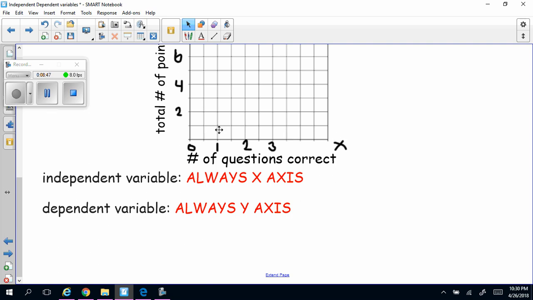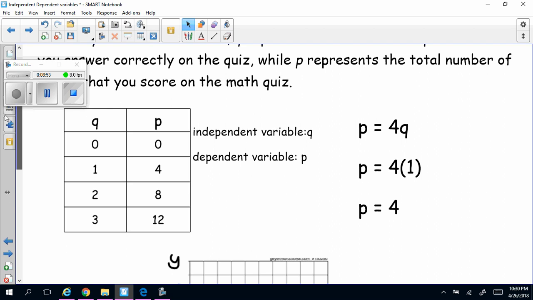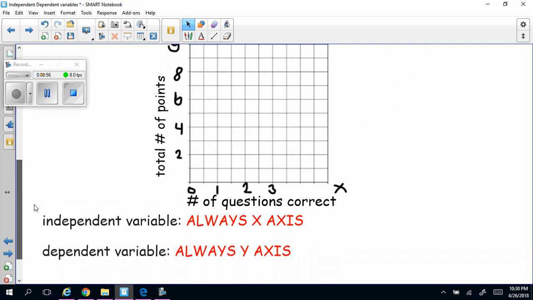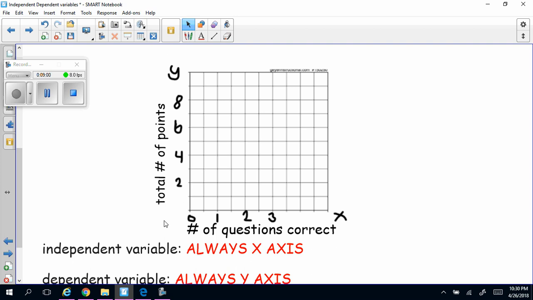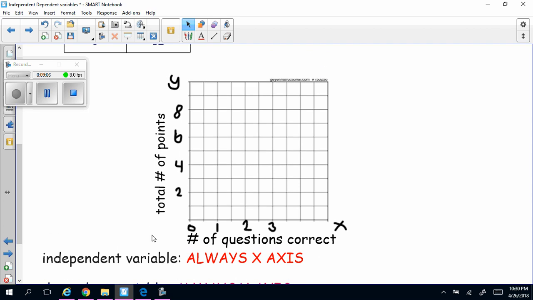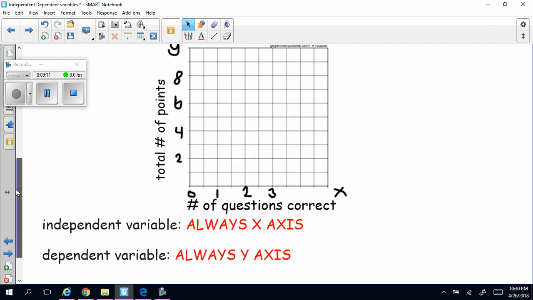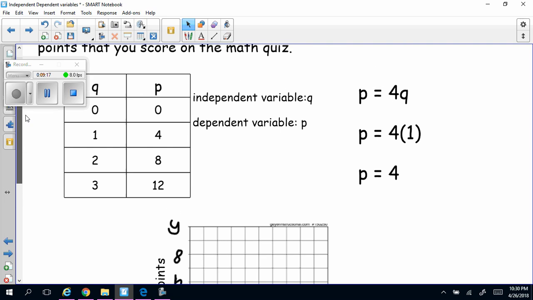Now for the dependent variable, which is the total number of points, which is your P, that is always going to be on the y-axis. So remember, horizontal, your x-axis, is going to be your independent variable, and then your dependent variable is always going to be the y-axis. So go ahead and copy this graph down, pause the video, and we'll go ahead and plot these points down.